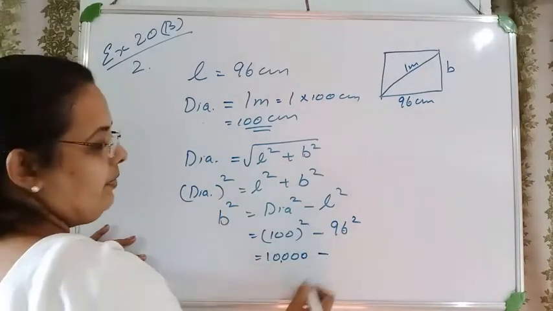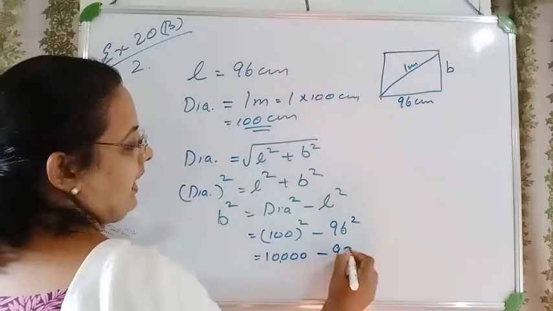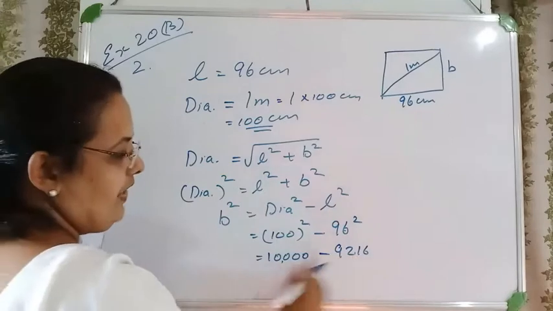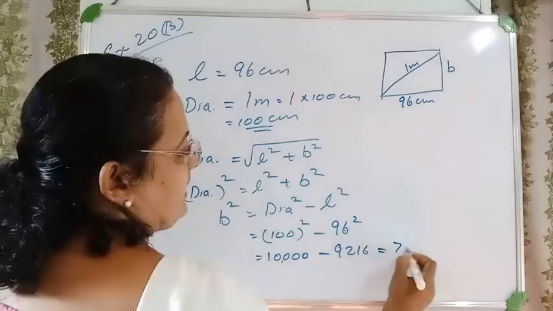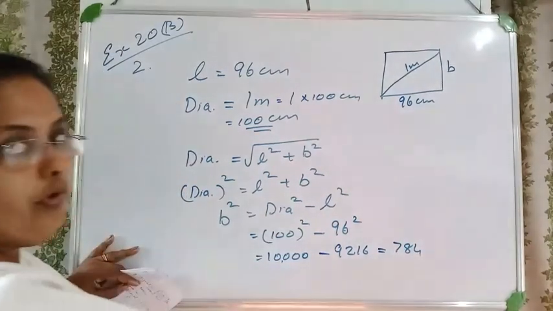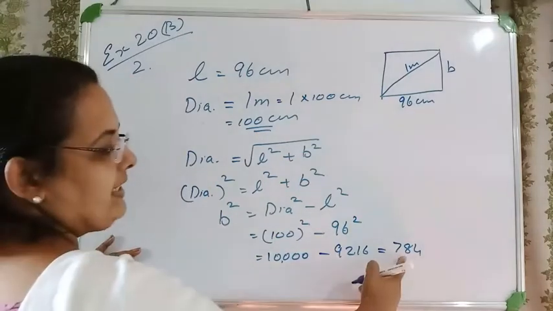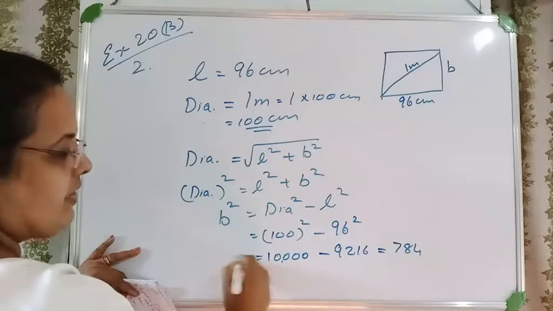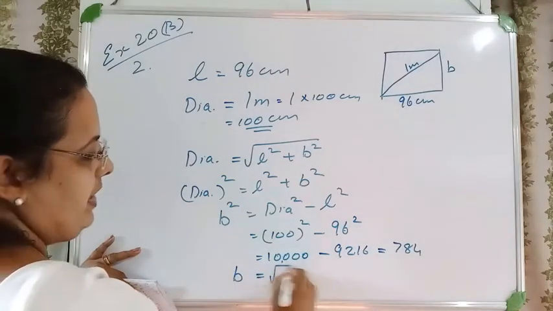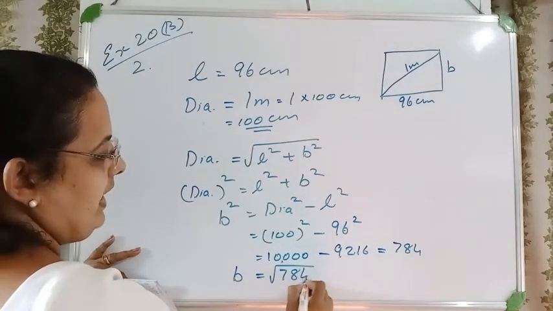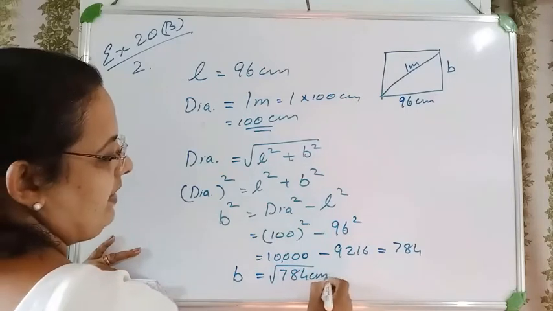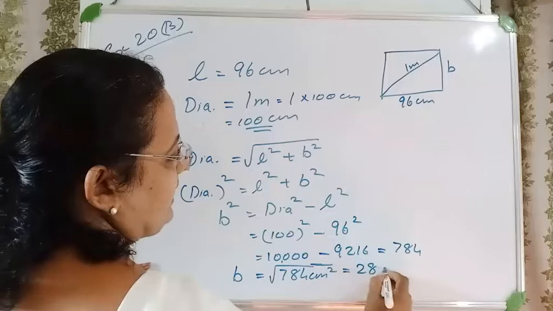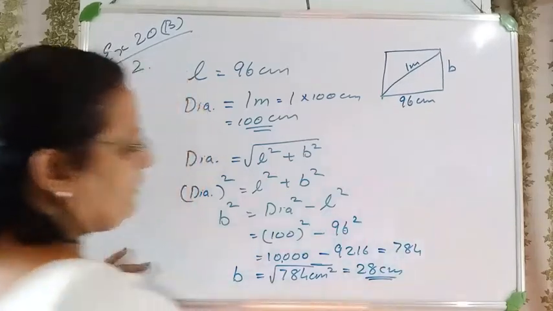Now minus 96 square, which is 9216. When you subtract, you will get 784. Now what is B? B square is 784, so B is square root of 784 centimeters. So we will get the answer as 28 centimeters.